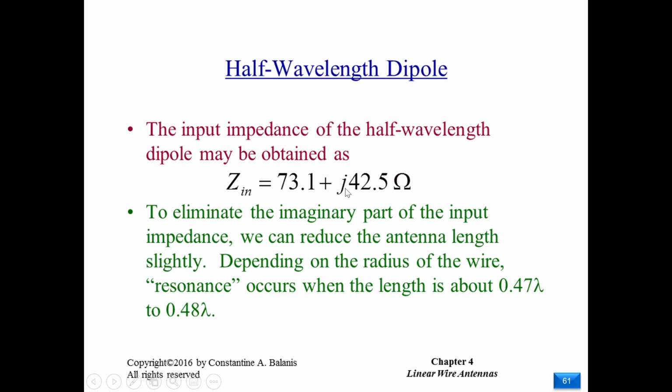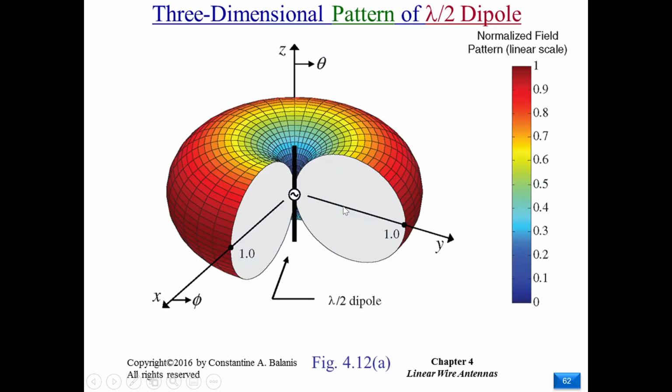Many times, in order to achieve matching, we need to eliminate the reactive part of the impedance, and this can be achieved by shortening the lambda by 2 antenna by roughly 0.03 or 0.02 lambda, depending on the wire radius. And as we're going to see, this will take the reactive part of the input impedance to 0.